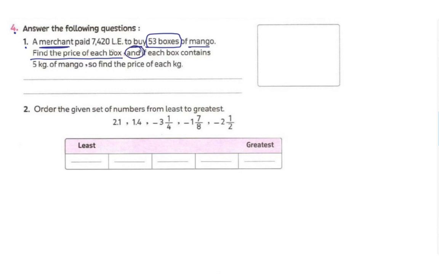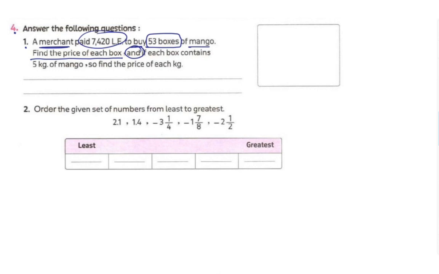And so is the next question. So the first question, I need to find the price of one box. I know the price of 53 boxes. So to find the price of just one box, I will divide the total price over the number of boxes.